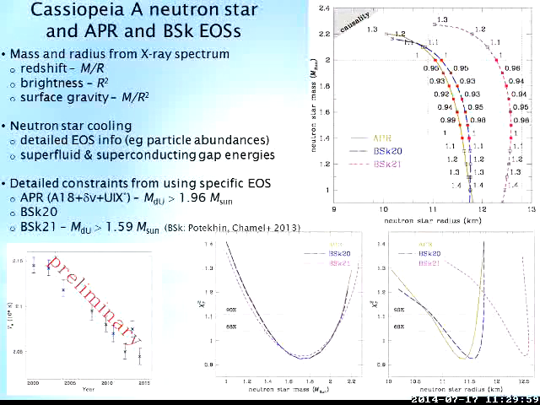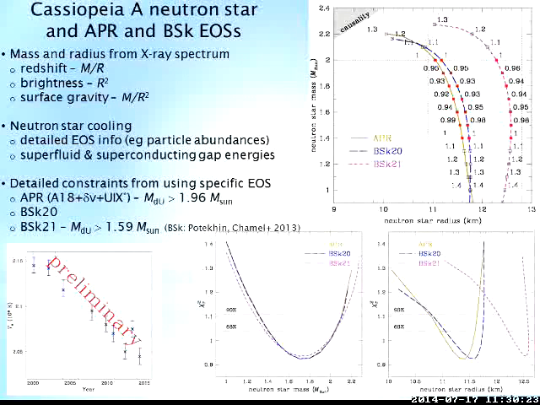So first, I'm going to take these three equations of state, and each equation of state predicts a mass and radius. Right? And so I'm going to take that mass and radius and see, if I use that in the atmosphere model, how does that fit the spectrum? So right now I've not done any cooling fitting.